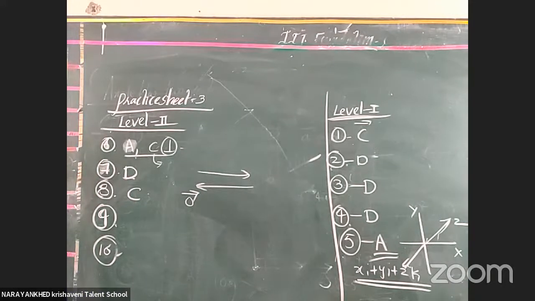Next, the ninth question. Any vector of non-zero magnitude is called a proper vector.